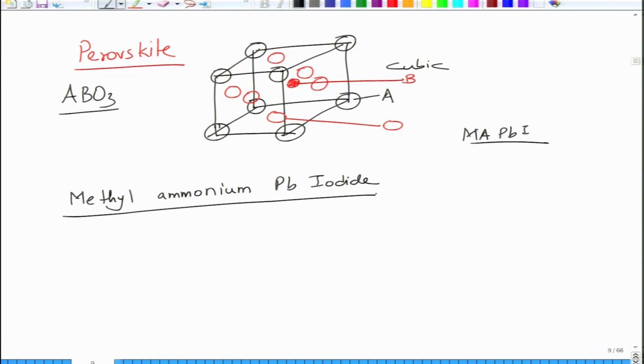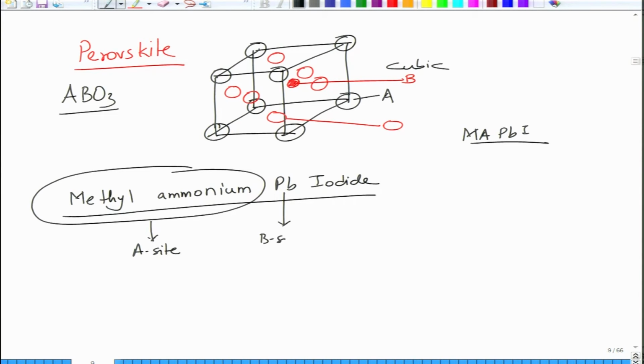So, you can say that here methyl ammonium goes to the A site, lead goes to the B site, and iodine goes to the face centers.